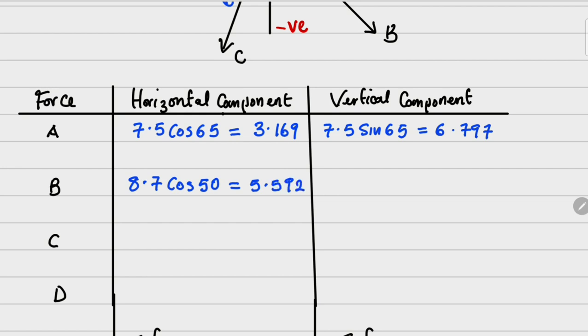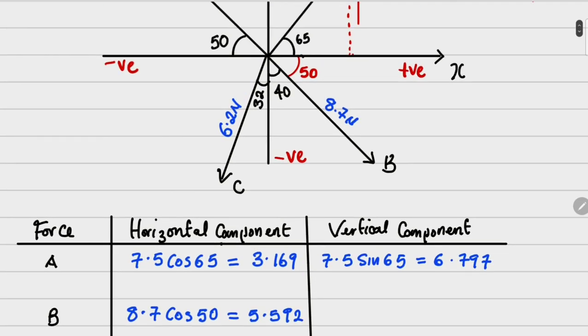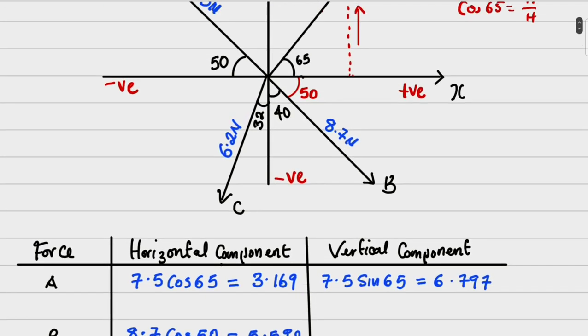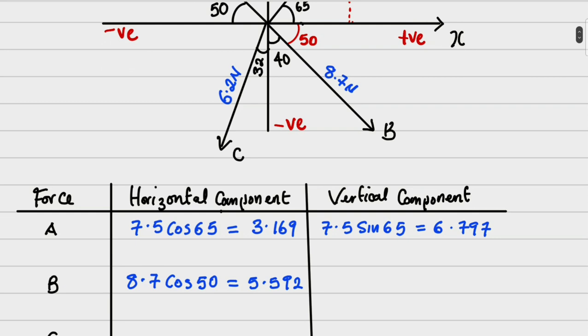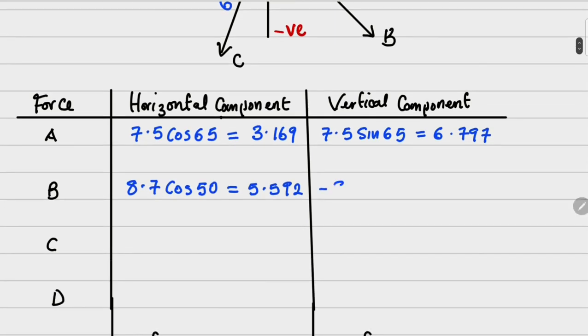On the vertical axis it is negative, so it's going to be minus 8.7 sin 50, and once you do that, it's going to be minus 6.665. So we're done with that aspect.